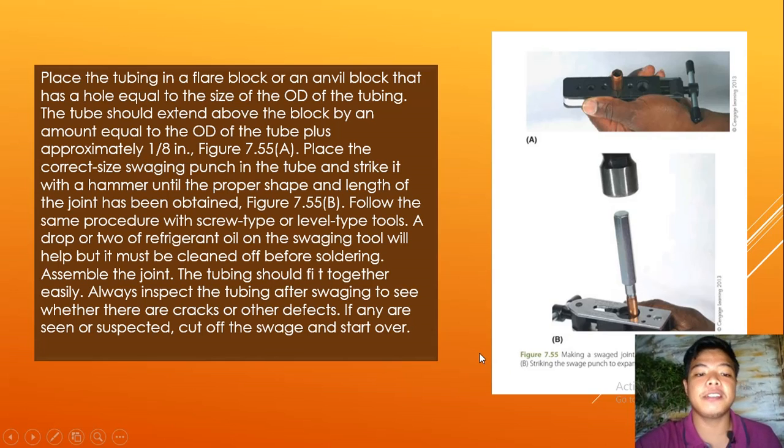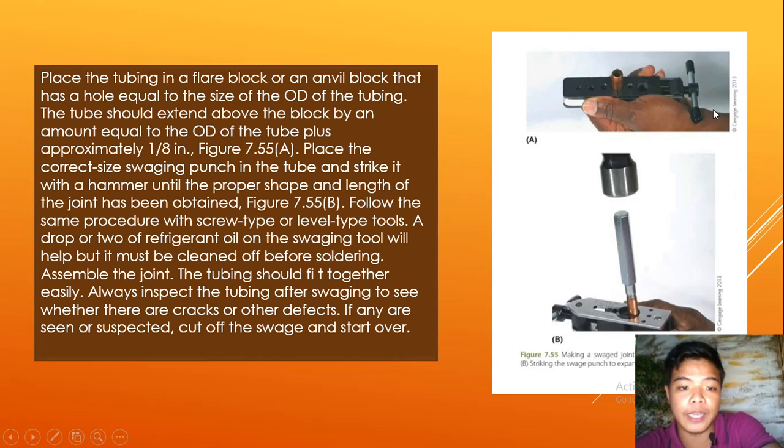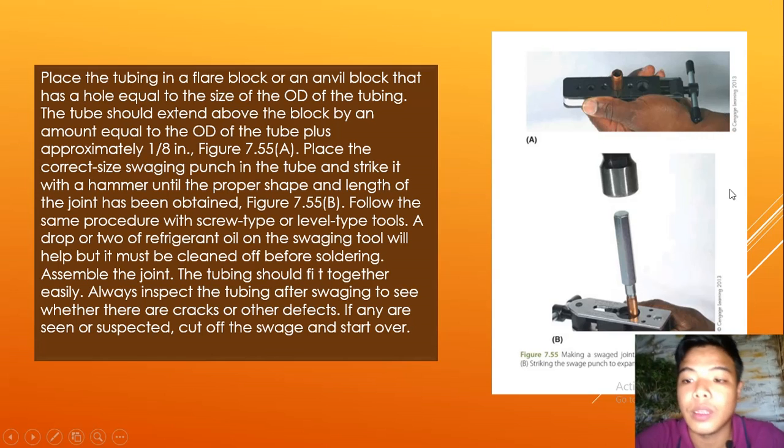The tube should extend above the block by an amount equal to the OD of the tube plus approximately 1/8 inch, here in figure 7.55 letter A. Place the correct size swaging punch in the tube and strike with a hammer until the proper shape and length of the joint has been obtained. And figure 7.55 letter B, follow the same procedure with screw type or lever type tools.